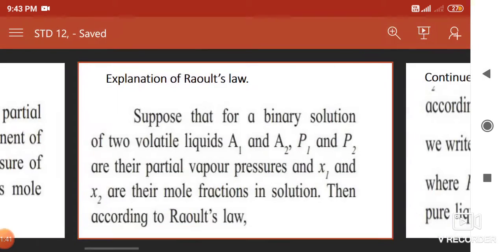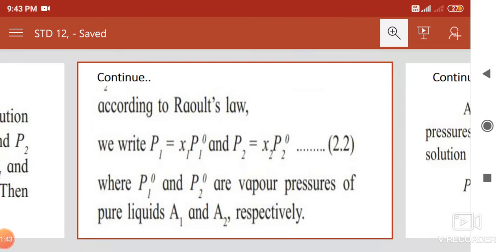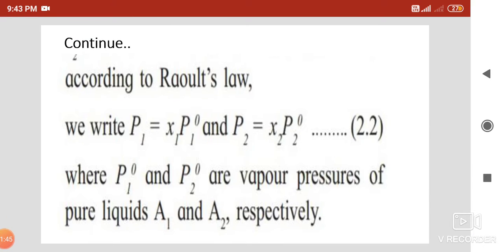Then according to Raoult's law, P1 equals X1 P1⁰ and P2 equals X2 P2⁰, where P1⁰ and P2⁰ are vapor pressures of pure liquids A1 and A2 respectively.